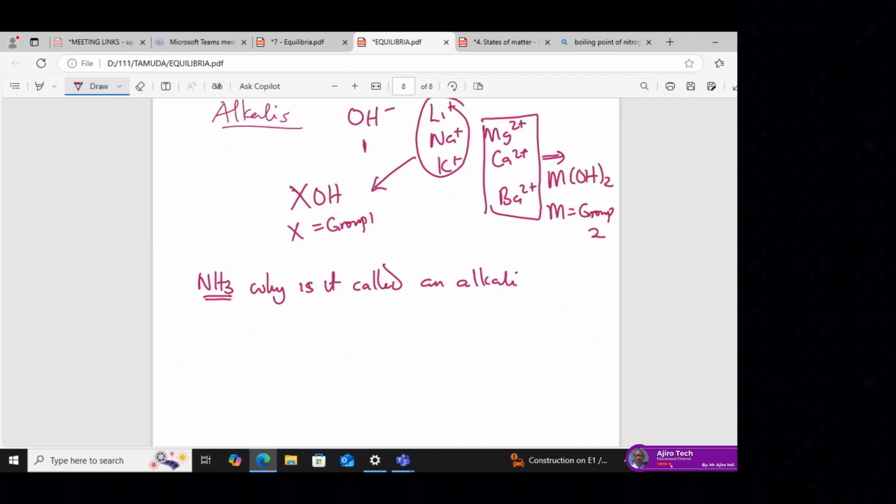Now, ammonia dissolved in water will form ammonium ion and hydroxide. Can you see it produces hydroxide? So ammonia in water produces hydroxide ion, so it is called an alkali. Are you getting it now?